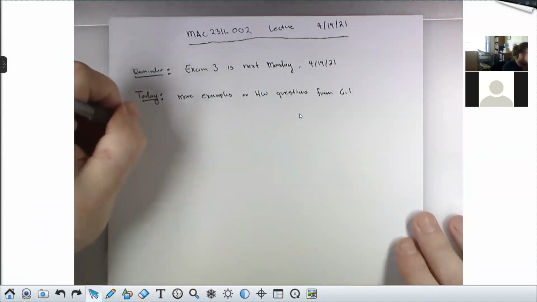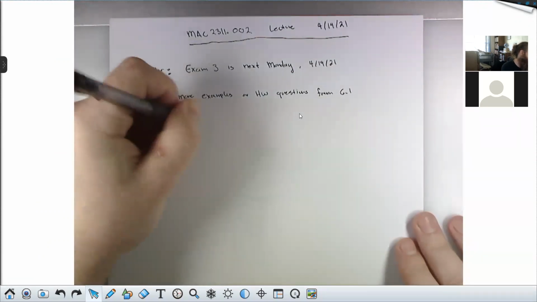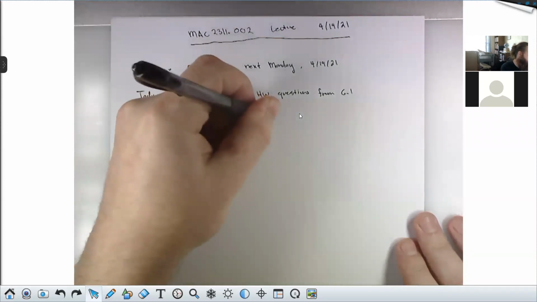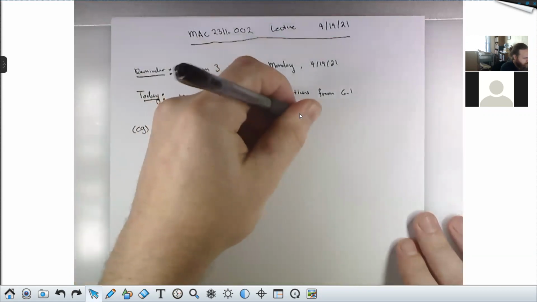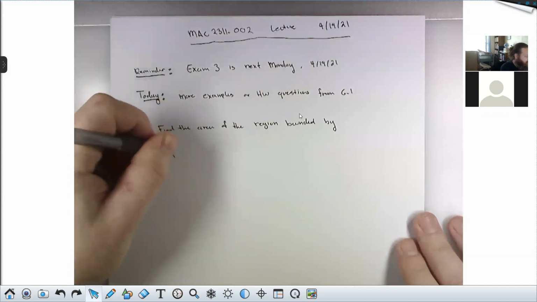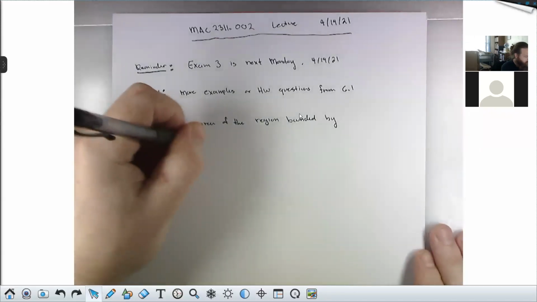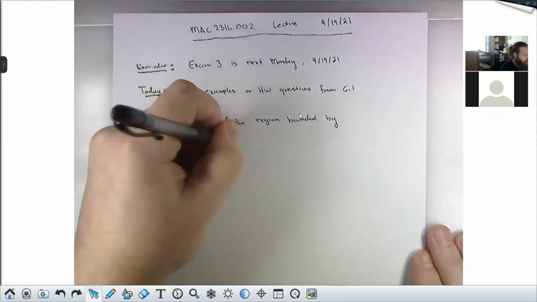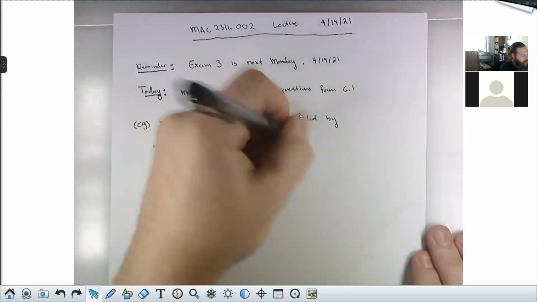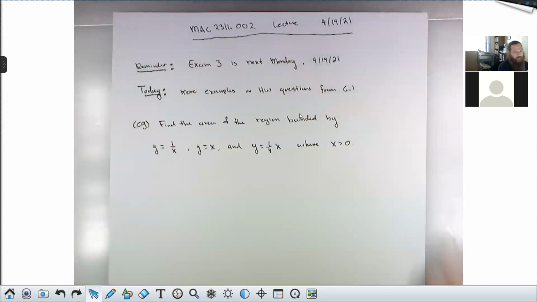So, example, find the area of the region bounded by y equals 1 over x, y equals x, and y equals 1/4 x. And they add on the stipulation here that x is greater than 0.